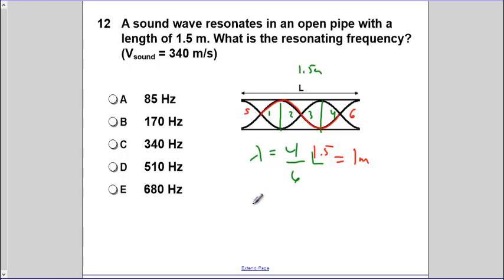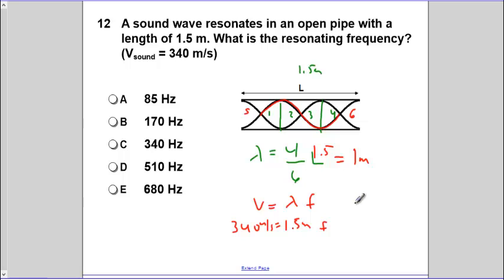So the frequency, oh, how about that? Ruh-roh. V is lambda f. If the wavelength is 1.5 meters, the velocity is 340 meters per second.